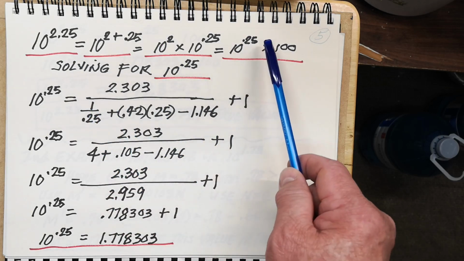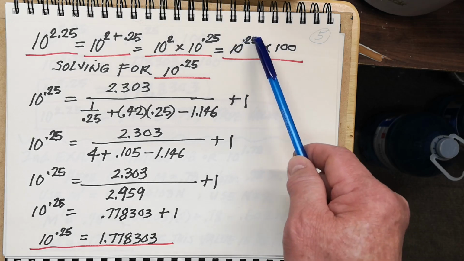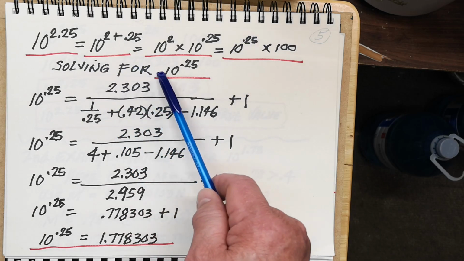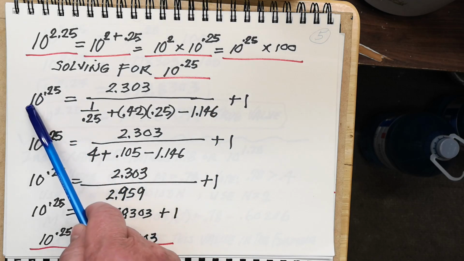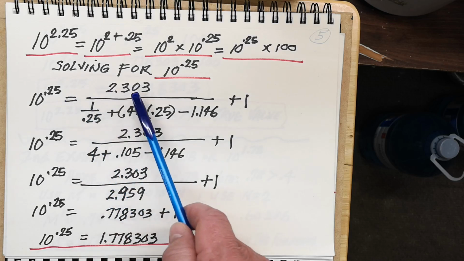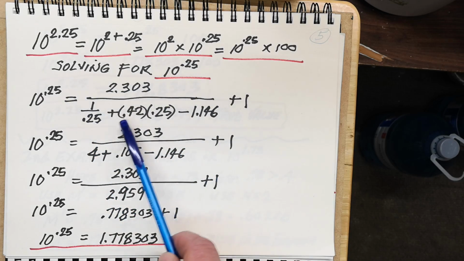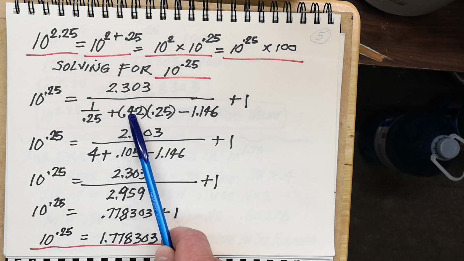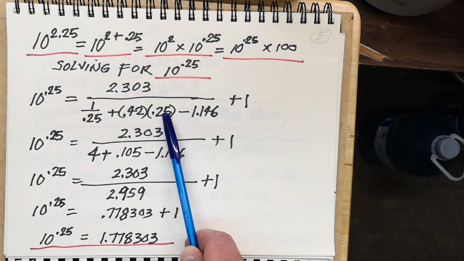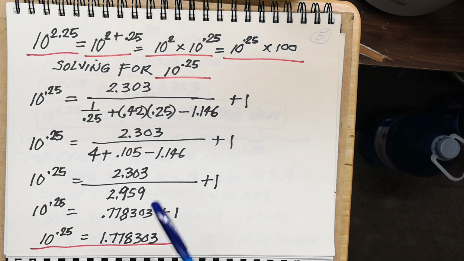So the thing we have to solve is this 10 to the 0.25, using the formula. 10 to the 0.25 equals 2.303 divided by (1 over 0.25 plus 0.42 times 0.25 minus 1.146), then plus 1.